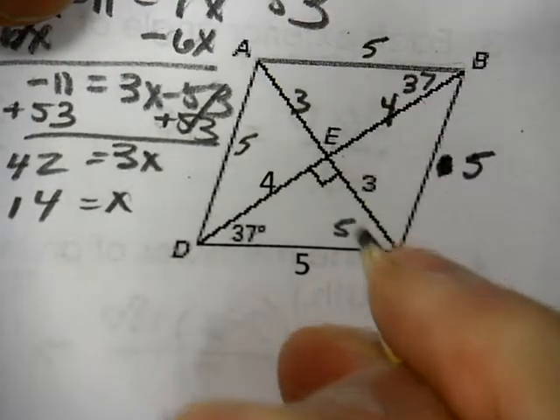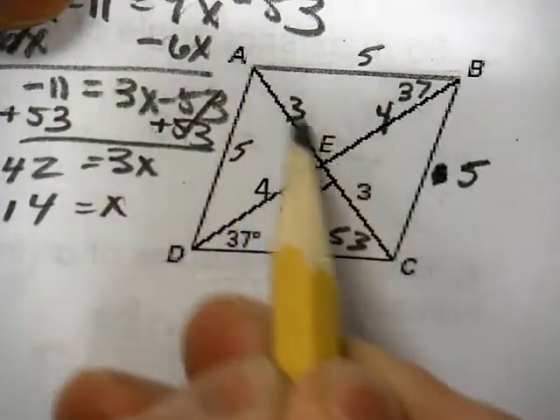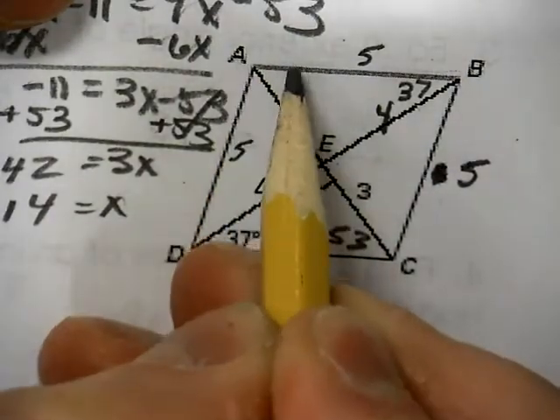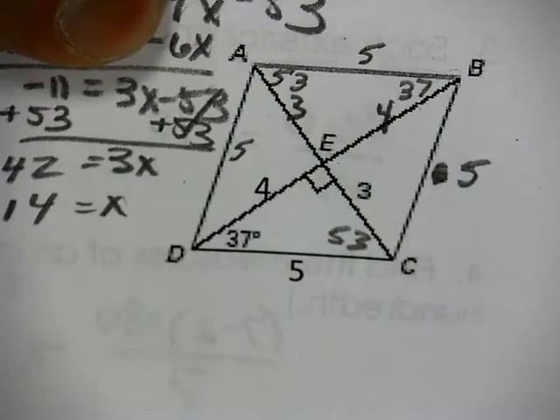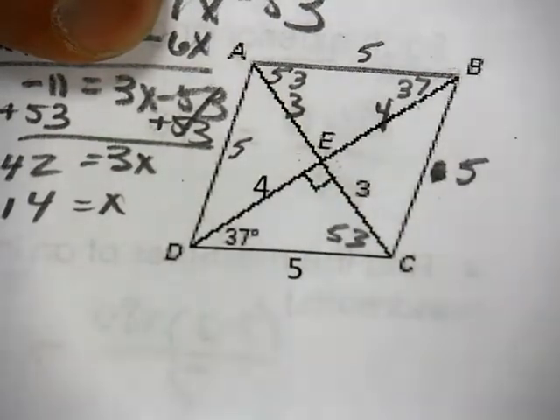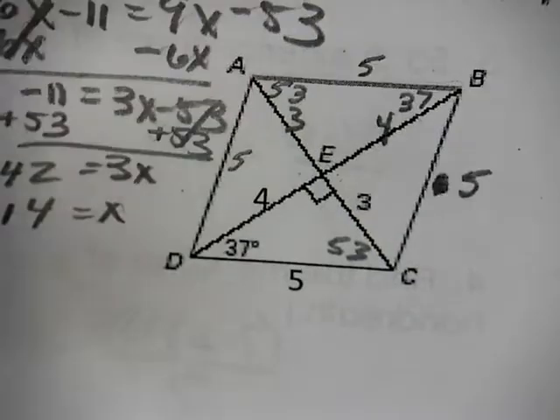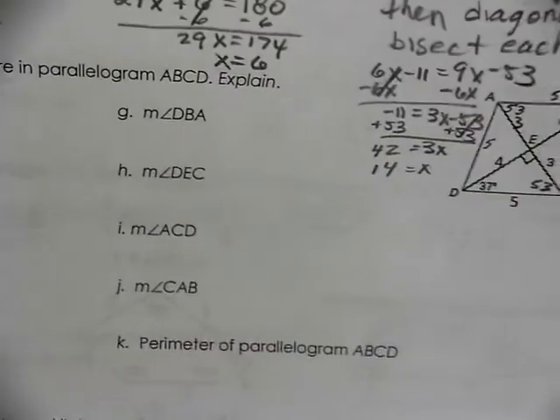So that's going to be 53. And its alternate interior angle is also 53. And these are 90 all the way through here. So let's see how that answers most of our questions. See if we have to find out anything else.